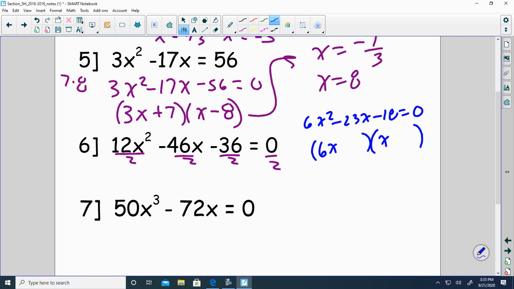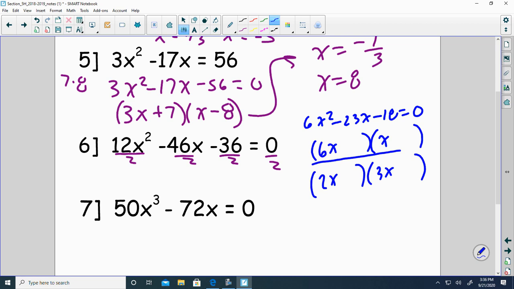The factors of 18 are 1 and 18, I don't think that's going to work. 2 and 9, I don't think that's going to work because I have that common factor of the 6. 3 and 6, I don't think that's going to work because I have both of those factors. So I don't think that's going to be the right way. I think it's going to be 2x and 3x.